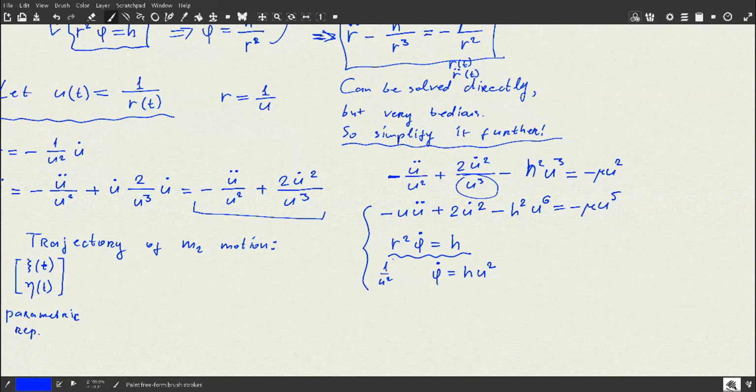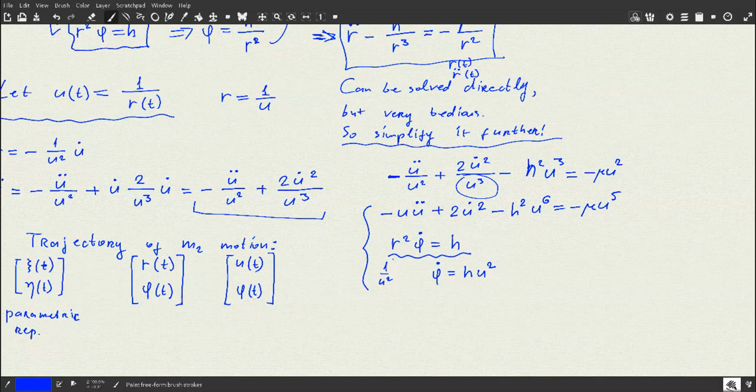Or you can, in polar coordinates, in a similar way, do a trajectory in the form r of t, phi of t. Or in our new strange coordinates u and phi, you can even get u of t and phi of t. And if you get u of t and phi of t, then from u you get r.